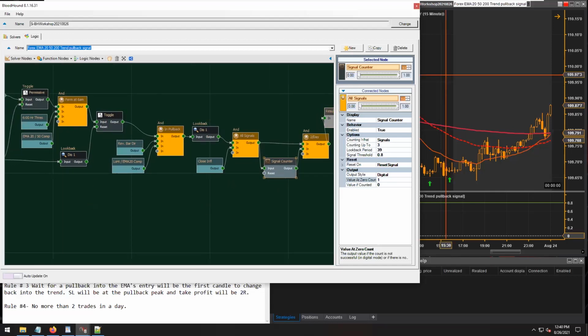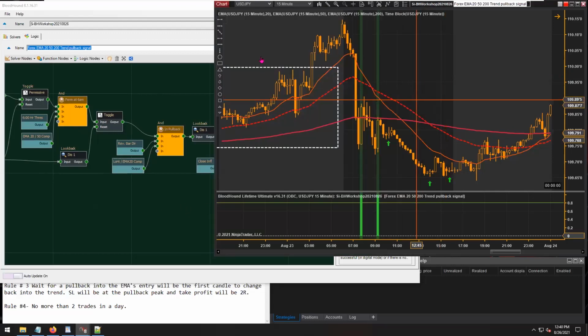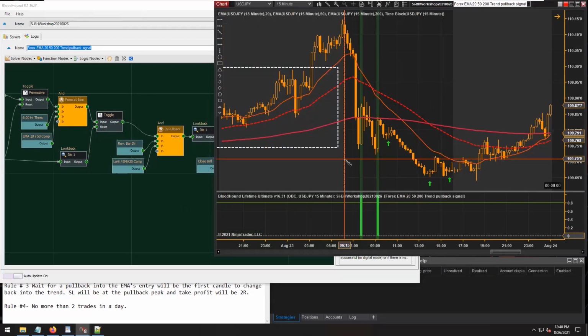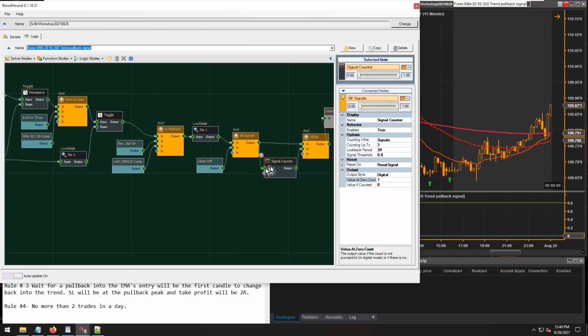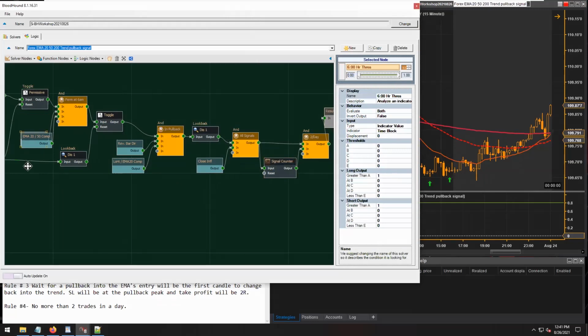The signal counter shouldn't start counting until we're ready to start trading. So the signal counter should only count right after the 1600 bar, or actually this bar, here we go. That's our 1600 bar. That's when the counting should start. So we should reset the signal counter on that bar, and that would be this guy right here.